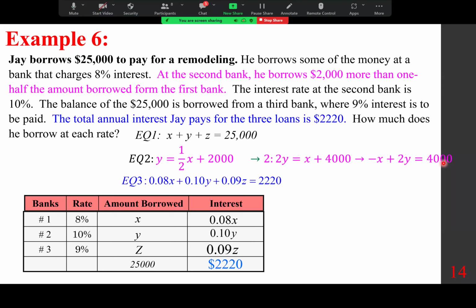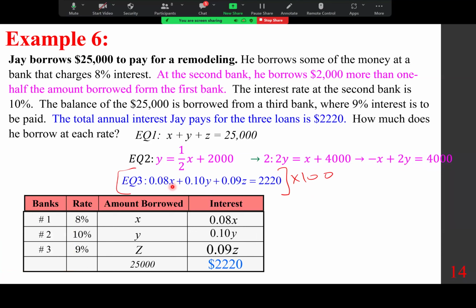All right, now we're going to put the three equations next to each other. The first one is fine. The second one, we're going to change it to this one, minus x plus 2y equals 4,000. You can deal with this just the way it is, but since it has two decimals, let's multiply both sides by 100 to get rid of all the decimals.